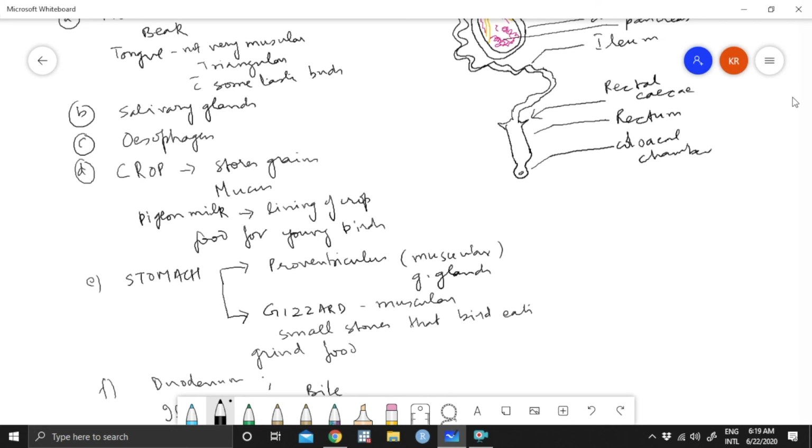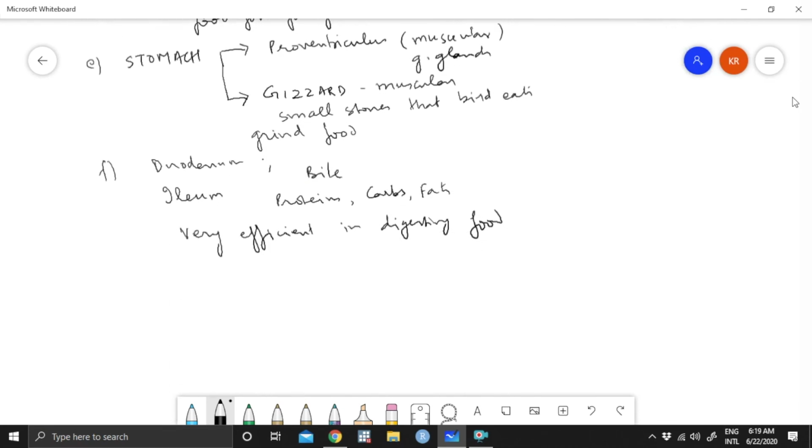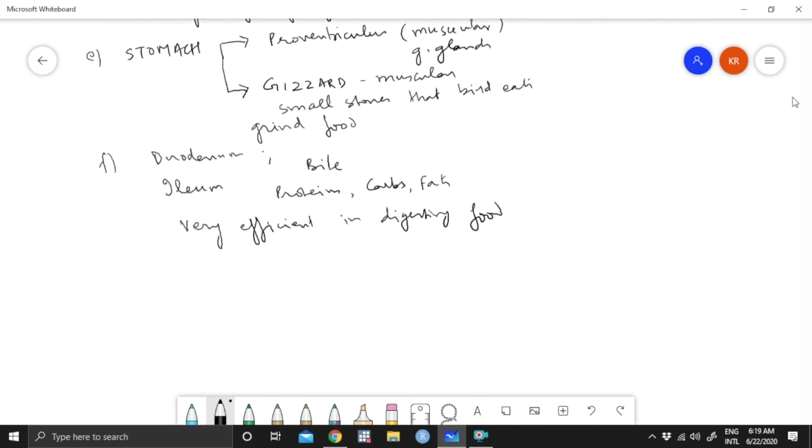In these rectal cecae, the bird absorbs water. Remember that a bird must try to conserve whatever water it can as much as possible. So this helps to conserve the water.